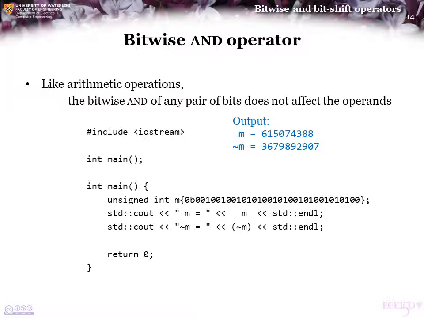Now, here we see both m and not m. If you add these two together, what should you get? Think about it. Now, if you convert the second entry to binary, you will see that every single bit is indeed flipped to the opposite value.